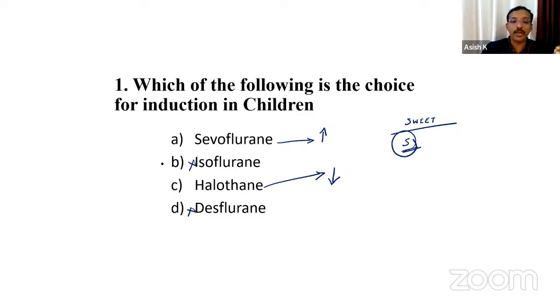So isoflurane and desflurane are basically agents which are used for maintenance of anesthesia, while sevoflurane and halothane were the ones used for induction, of which halothane was used earlier. Now it is the time of sevoflurane. I hope the question is very simple. For children, sevoflurane, sweet sevoflurane for the sweet children.